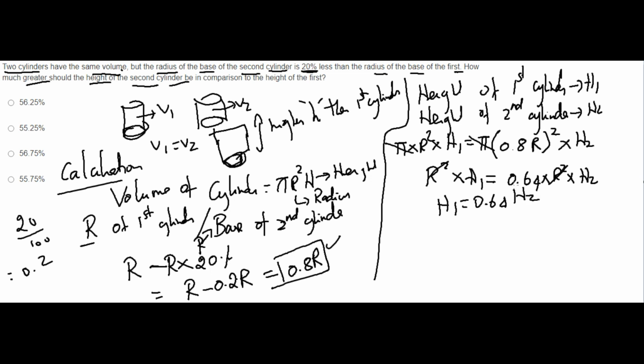Now h2 is somewhat greater, and how much greater is what we need to know. Because h1 is 0.64 times h2, h1 is lesser than h2.